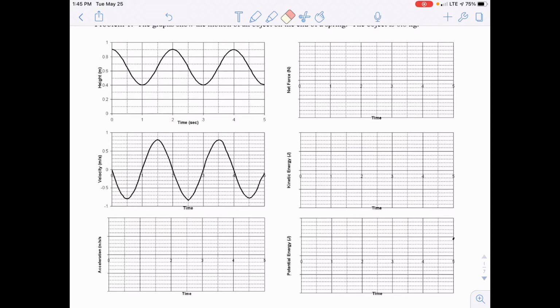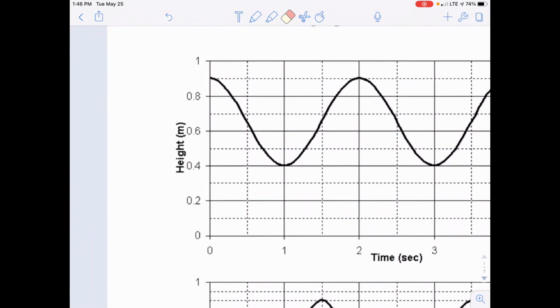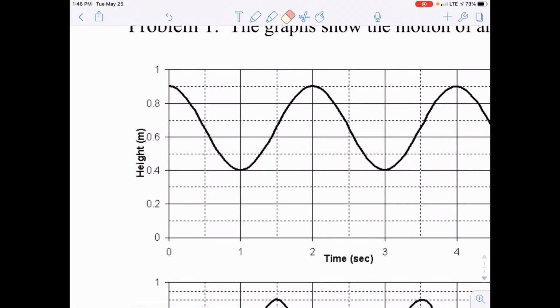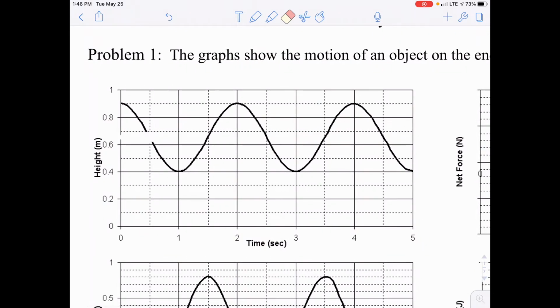The first thing that we need to do is identify our basic functions. This clearly is a cosine function, as it is starting from the amplitude at time equals 0. Now the equilibrium position is going to be about right here. In order to find the equilibrium position, just take the lowest point and the highest point, and then take half of that.